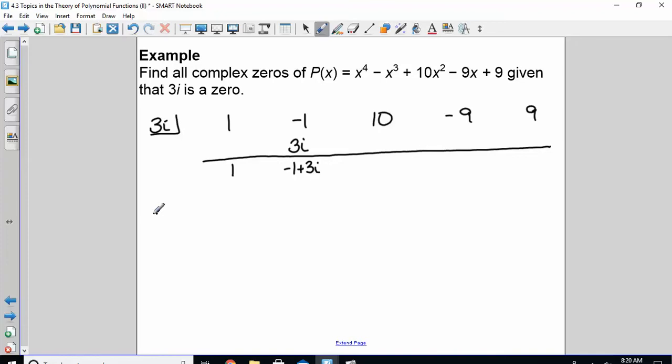So we take the 3i times negative 1 plus 3i. When I do that, if I distribute, we get a negative 3i and a positive 9i squared. But what do you know about i squared? Okay, so this is negative 3i minus 9.